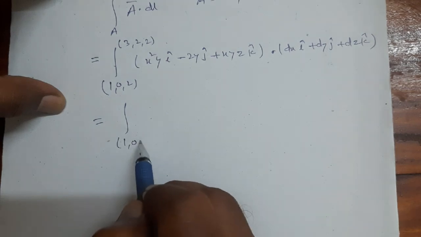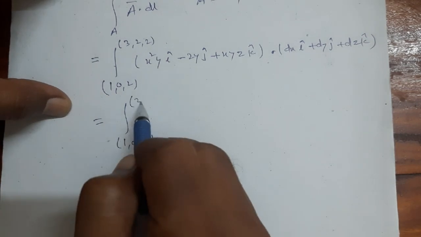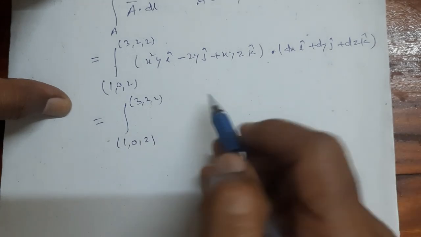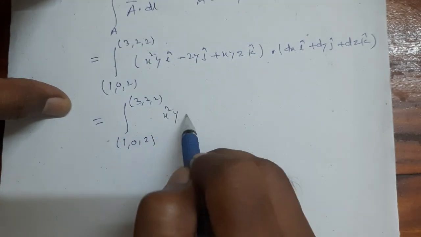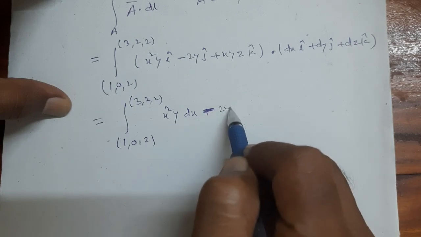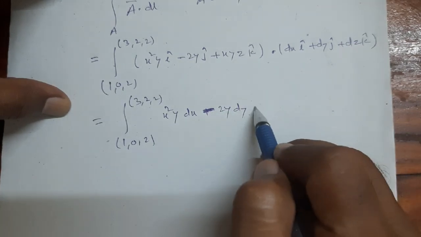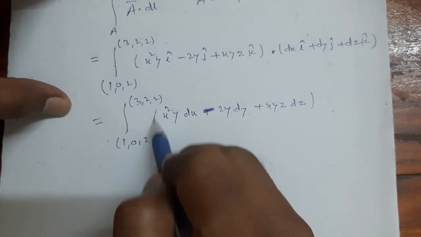This will remain as it is, integration from 1, 0, 2 to 3, 2, 2 of, if I take a product between these two, it will be x square y dx minus 2y dy plus x y z dz.